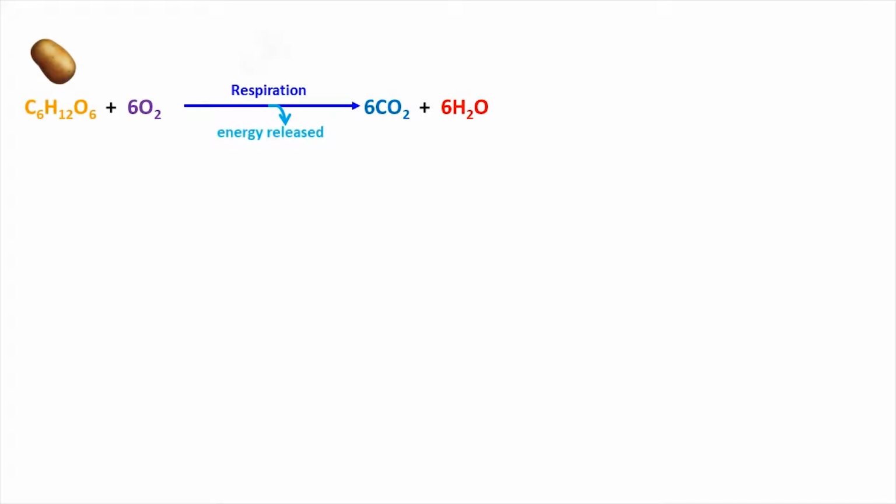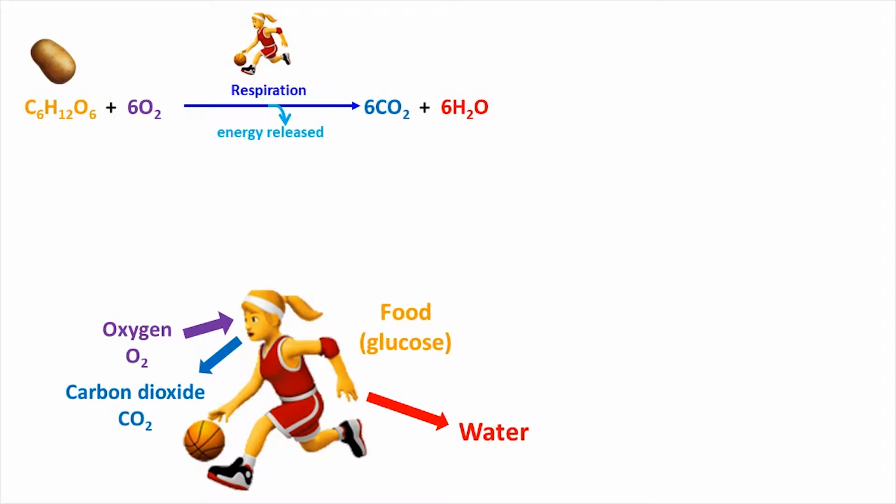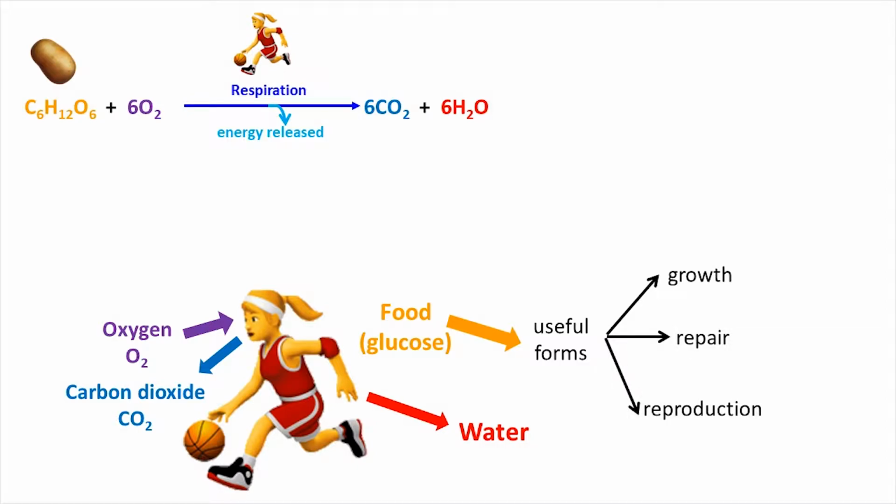So respiration is the process of converting the chemical energy stored in food into useful forms of energy for bodily activities. Food is an essential energy source for all living things. Just as animals do, plants also carry out respiration to generate energy for activities such as growth, repair, and reproduction.